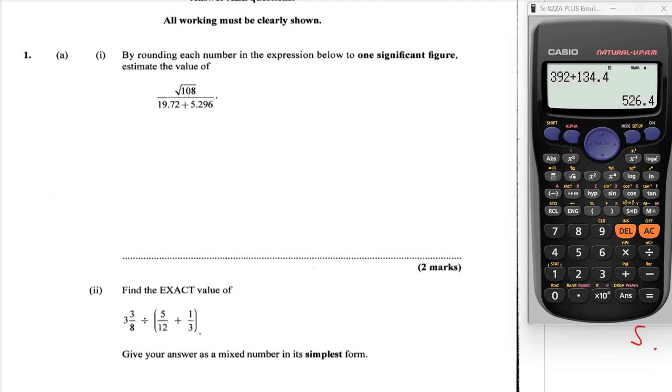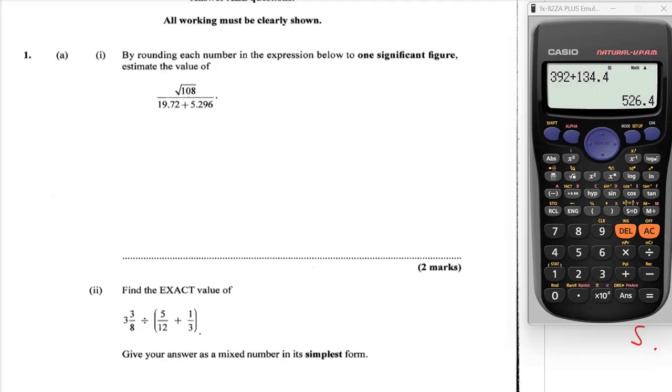Now, the question is saying we need to round each of the numbers to one significant figure, and then estimate the value. The question never said we should calculate each figure and then round to one significant figure.